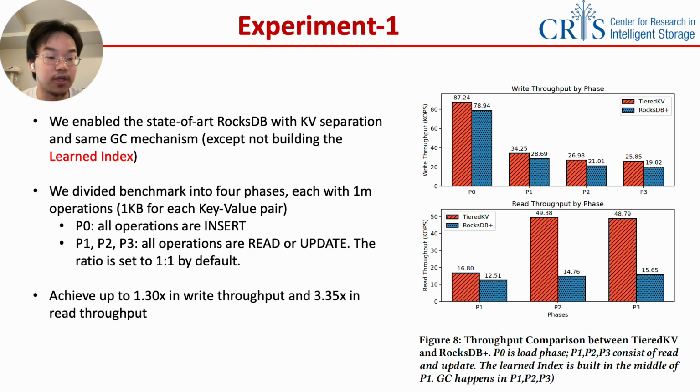In the first phase, we insert all the key-value pairs into the key-value store, and in the next 3 phases, we do some operations, including reads and updates. Based on the experimental results, TieredKV could achieve up to 1.3 times better write throughput and 3.3 times better read throughput.